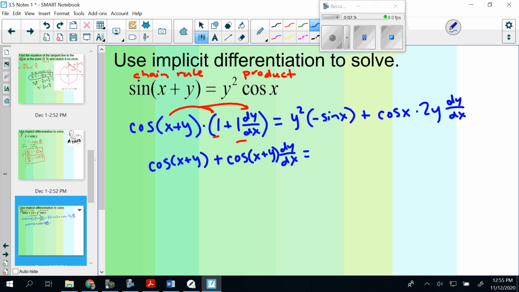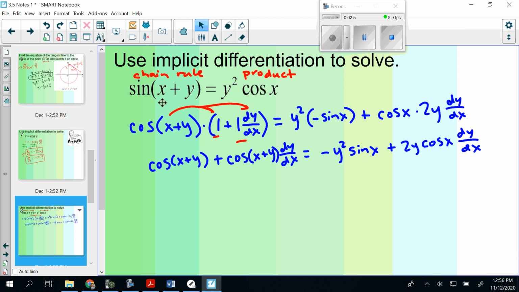Okay, on our right side, not really much solving to do, but let's write this a little nicer. I'm going to write that negative in front, so negative y squared sine x. And here I'm going to put the polynomial term first, so 2y cosine x dy dx. Okay, so now we want to solve for the derivative, but what's new about this one is we have derivative on both sides.